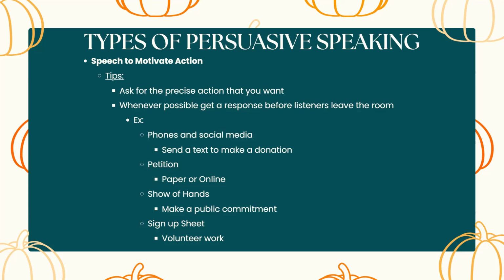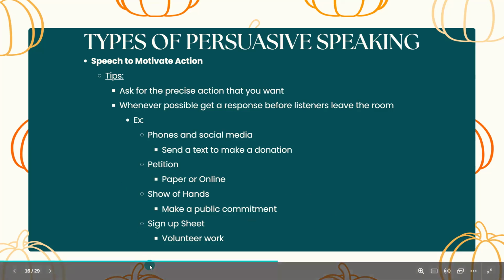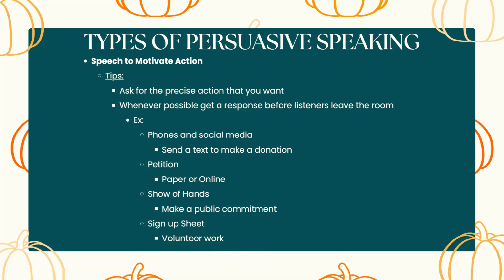You could do a show of hands. So like, who's gonna make a public commitment to do X, Y, and Z? And lastly, a sign-up sheet. You could use it if you needed some volunteer work or something, even if they can't do it right then, like joining a club. They'd have to go to the first meeting or do tryouts.